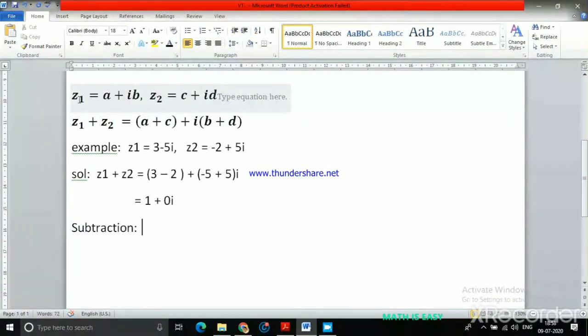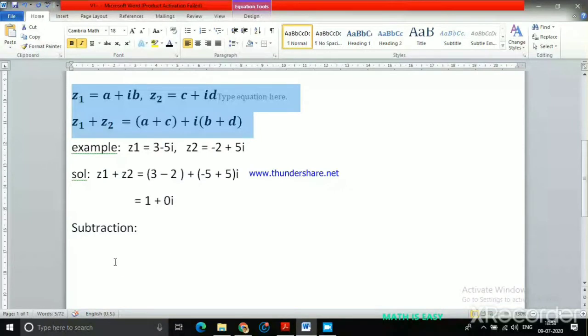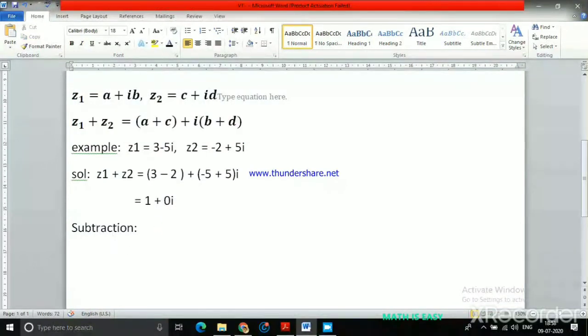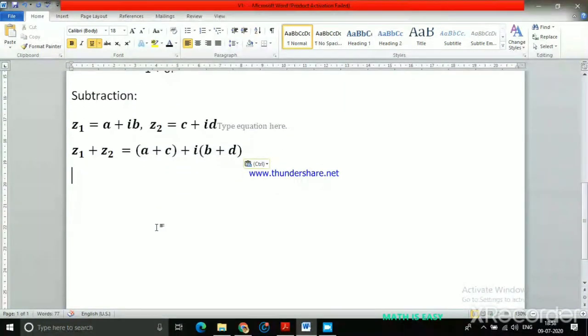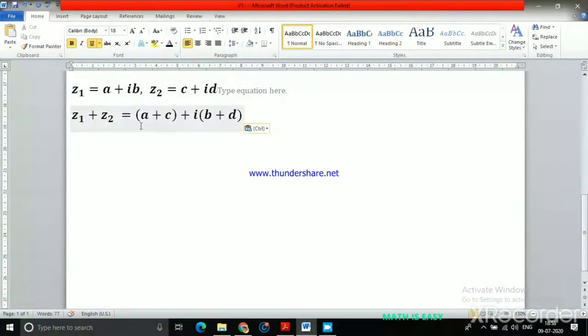Let me take again Z1 and Z2 as complex numbers, a plus ib, and let me copy these two steps. So Z1 is a plus ib, Z2 is c plus id.